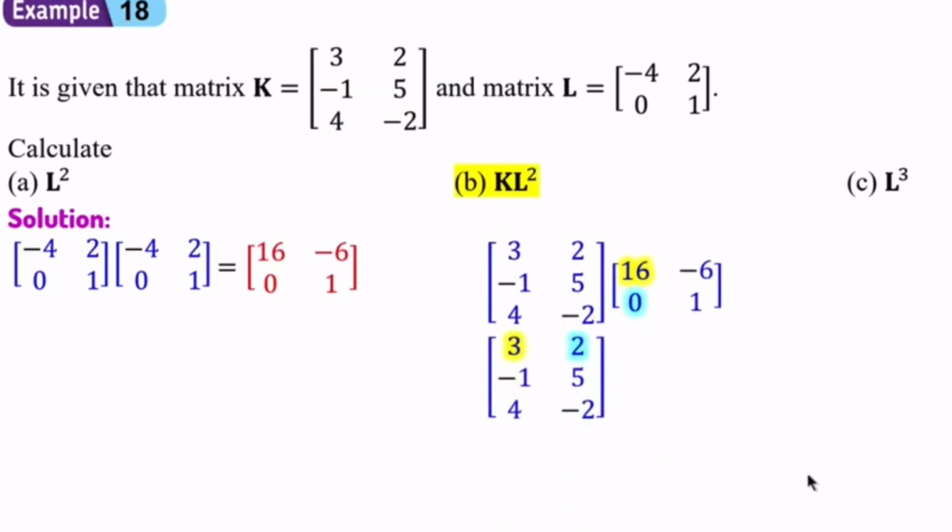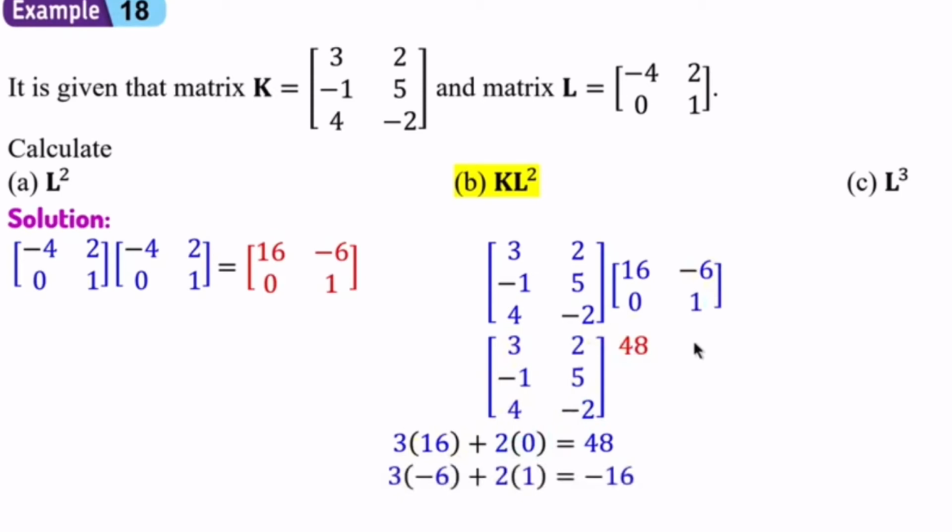So let's highlight using the highlighter. We have to follow the order. So we have 3 times 16 plus 2 times 0, which is 48. And the same thing goes for the rest.